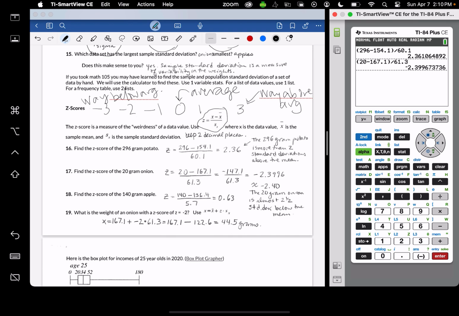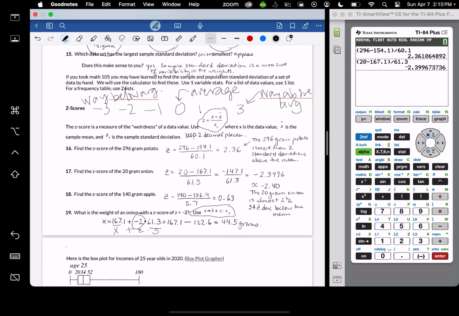And then here's sort of a tricky question. What is the weight of an onion if it had a z-score of negative 2? And I give you a little formula here to use. Use x equals x bar plus z times s. So here's my x bar plus, there's the z-score, times s, the sample standard deviation.